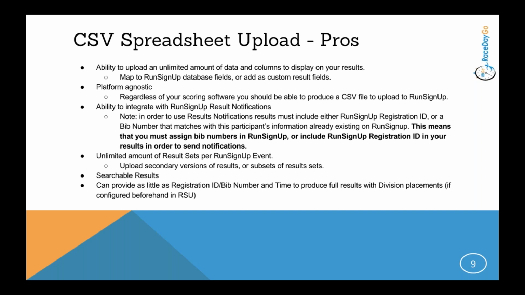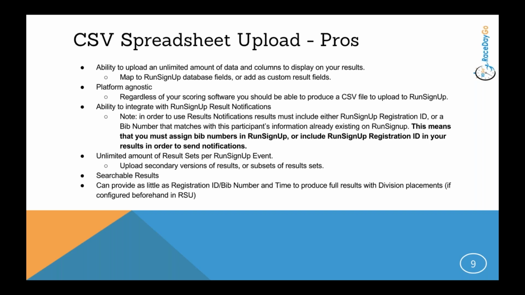Another thing that's nice is it does have the ability to integrate with RunSignUp result notifications. Now, it's not quite as seamless as a true integration with the software. Basically, you need to make sure that you either include the RunSignUp registration ID in the results, or you must make sure that you include a bib number that matches with a bib number in the registration for that person.